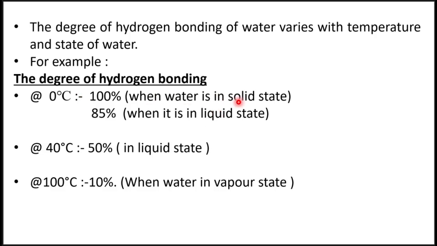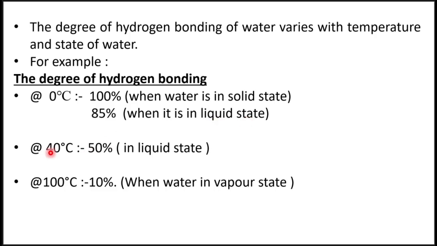In the solid state, the hydrogen bonding is 100%. That means there is full hydrogen bonding, but 15% will break when it is in liquid state. That means only 85% of hydrogen bonding is present when the water is at 0 degrees Celsius in liquid state.